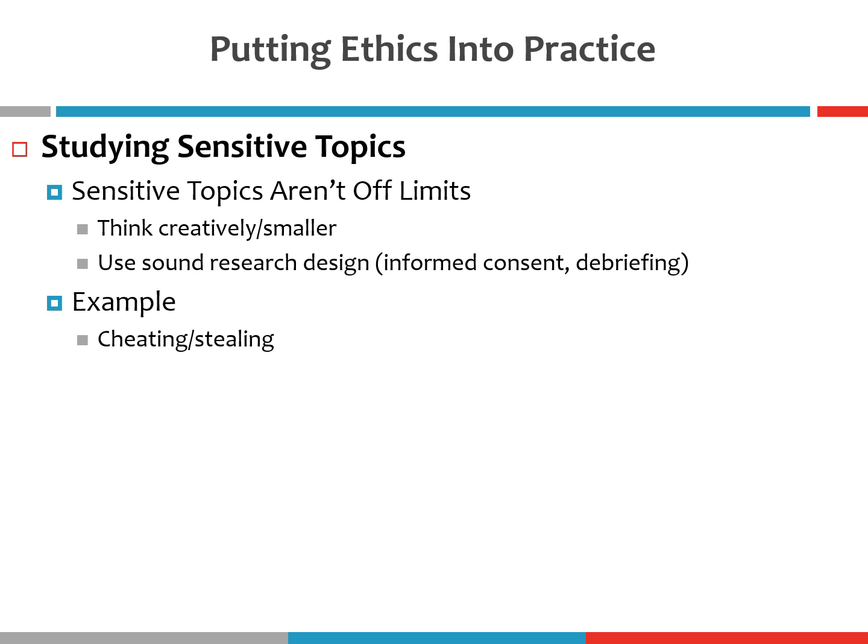But obviously, if we were interested in studying these topics, we couldn't require participants to, for example, cheat on an exam or cheat on their taxes, or we certainly couldn't require them to commit some sort of petty theft, right, as part of our experiment, because the ramifications would be too significant for our participants, right? So how do we study these topics in a more controlled laboratory setting?